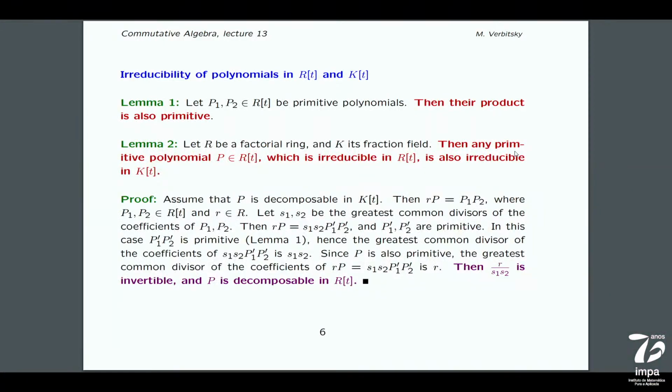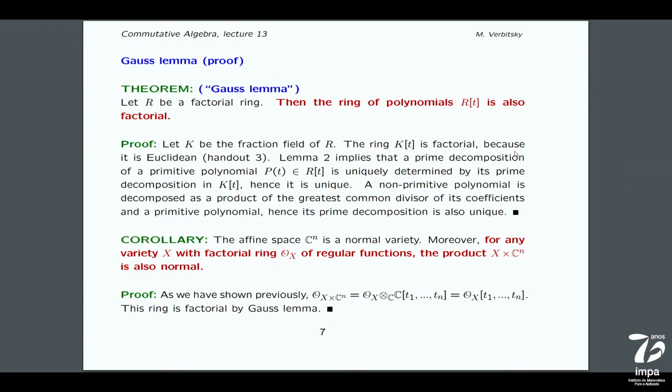Now we can prove the main statement, the Gauss Lemma, which is this theorem. It's very easy, in fact.